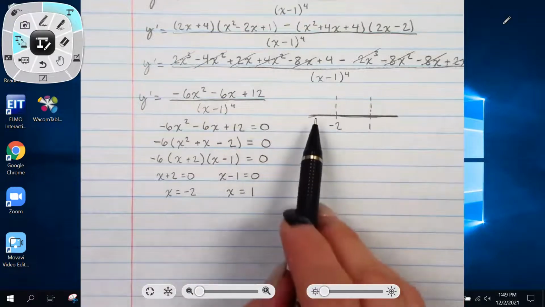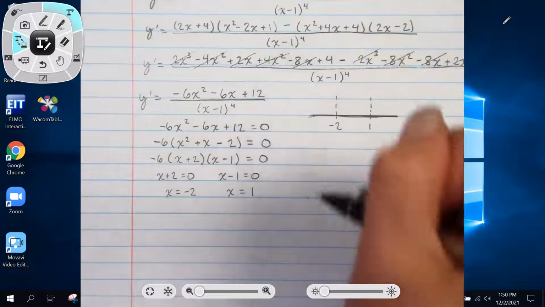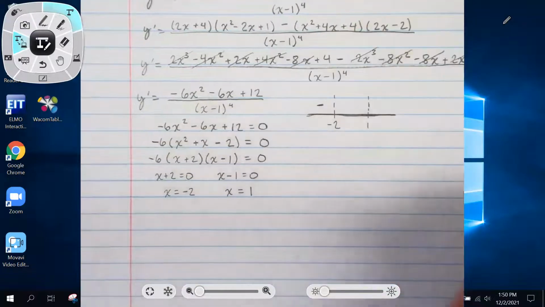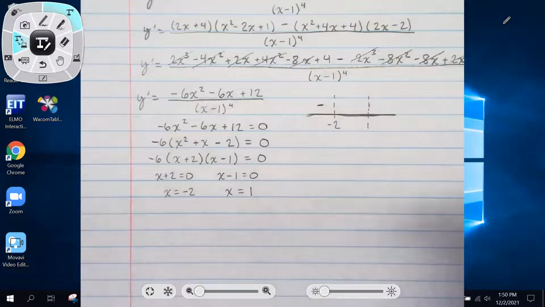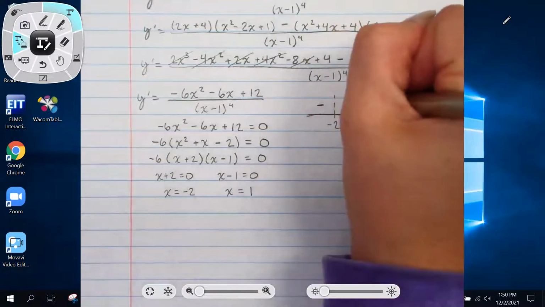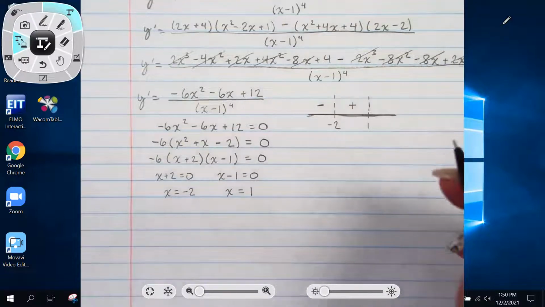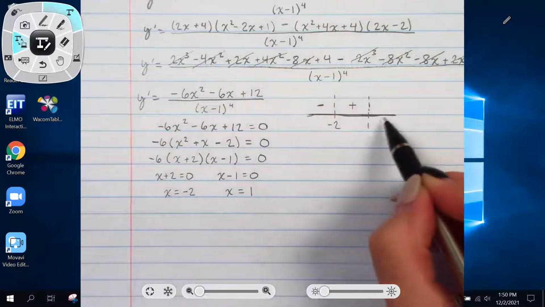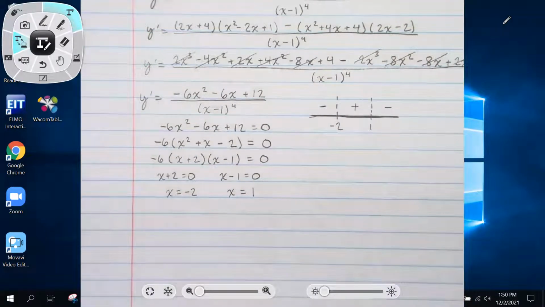So if we test -3, you can do this in your calculator, you end up getting a negative. You test 0, you end up getting a positive. And if you test 2, you end up getting a negative.